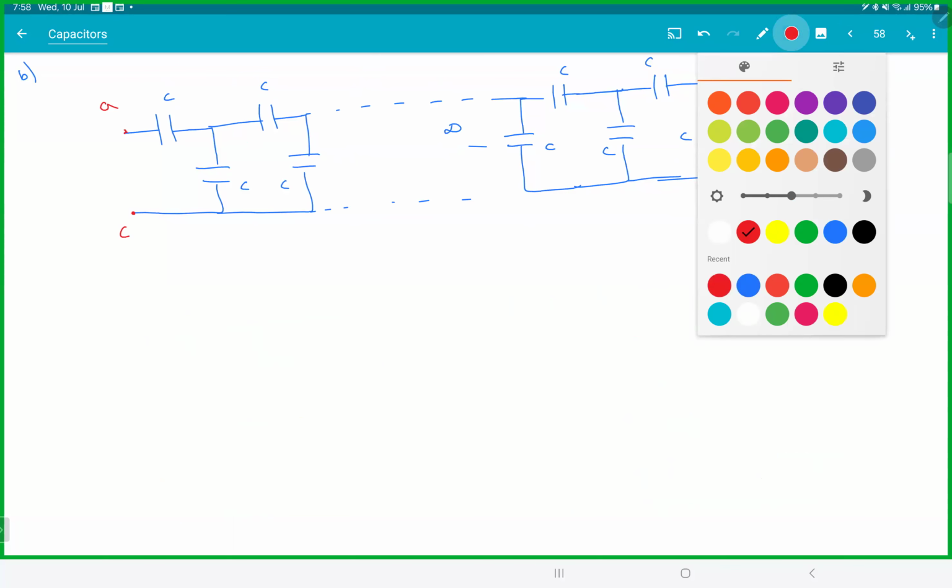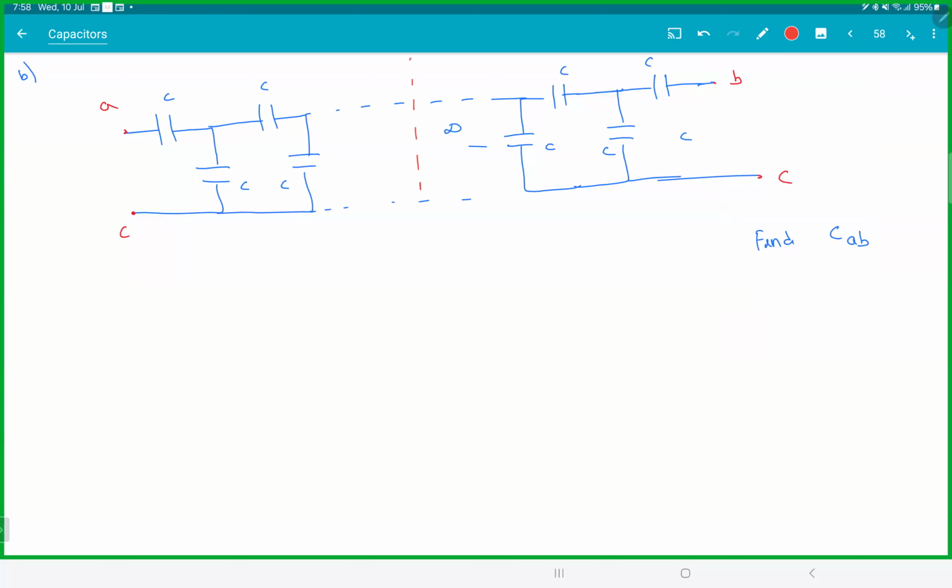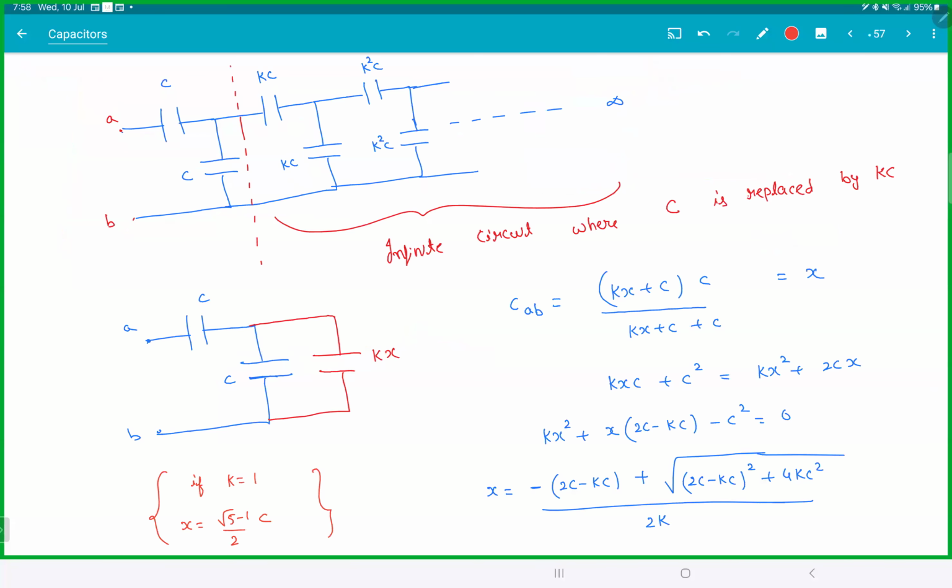So this circuit is nothing but, if you just divide into two pieces, this is what you will notice. There is point A, there is one capacitor, and this is point C, there is one capacitor, and this is point B. Now I know the capacitance between A and C, isn't it? Calculate again, how much is that? Root 5 minus 1 by 2.